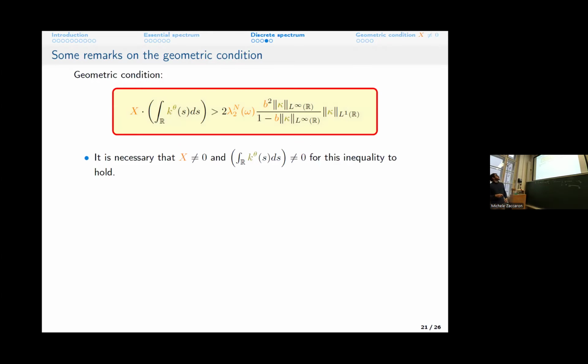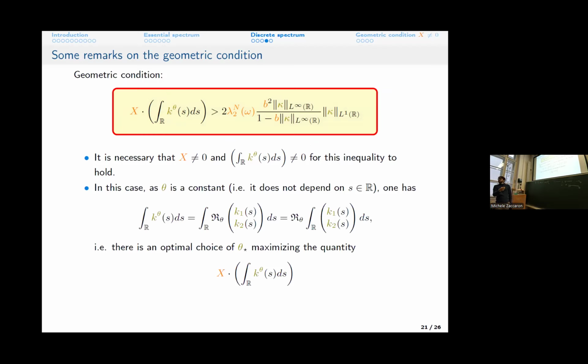So some remarks on this condition that we found. It is necessary that both these vector quantities be non-zero, since this is the inner scalar product between the two, to be able to make use of this sufficient condition. Also, since we are in the case of zero twist, theta prime is 0 and theta is a constant. So this quantity, the rotation of K1, K2 by theta, can be brought out of the integral. This becomes a vector, and we rotate it.